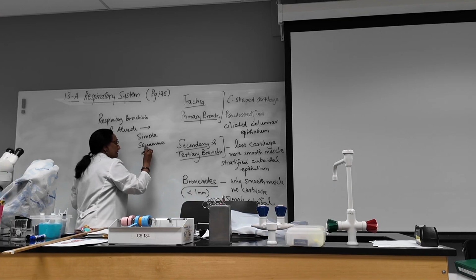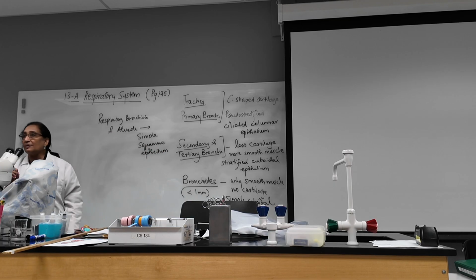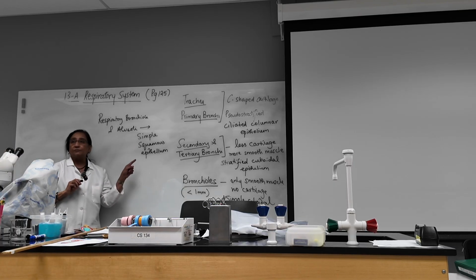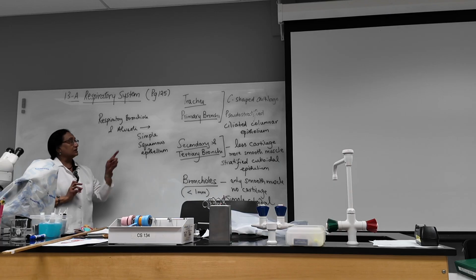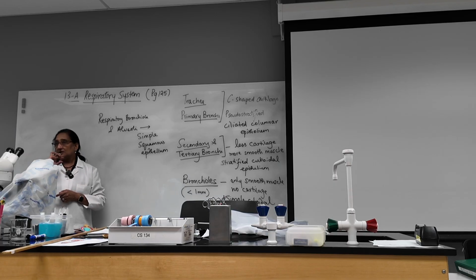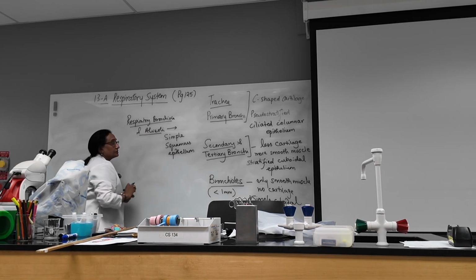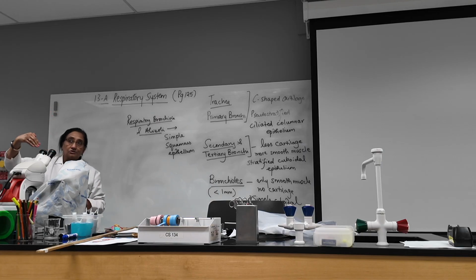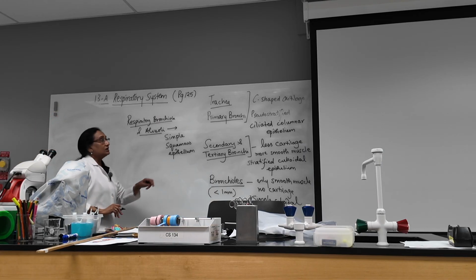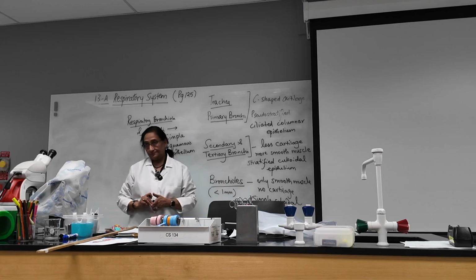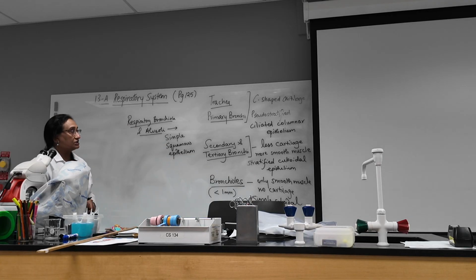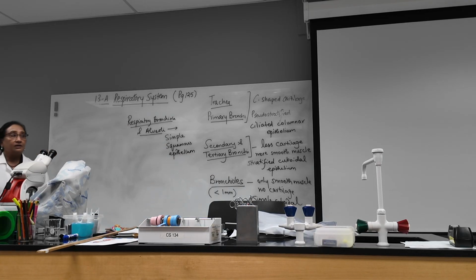In order for gas exchange to occur quickly, you cannot have a thick membrane. You can't have a thick epithelium. You need to have simple squamous epithelium. So no smooth muscle, nothing. Just a lining of simple squamous epithelium to facilitate gas exchange. So in the passages also you're going to gradually see a change in the histology.